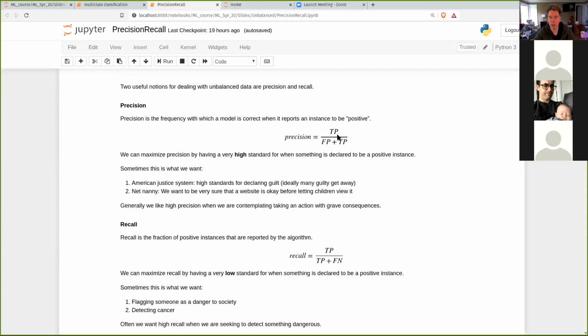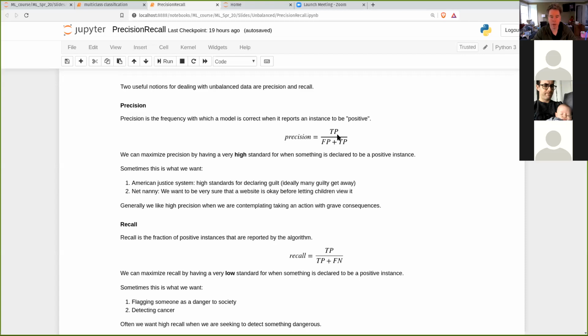That's a traditional value in the American justice system, so that's a high precision standard. In this case, being positive would be being guilty. So you want to have very high precision, and as a consequence, you're going to let a lot of guilty people go away. But that's okay, if you're more horrified by punishing the innocent than by releasing the guilty.